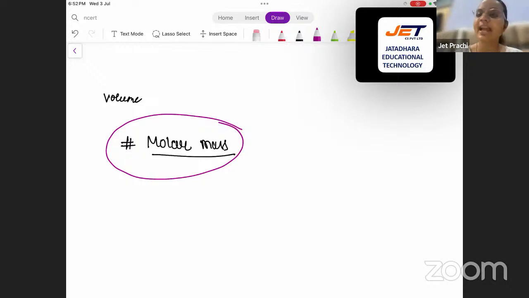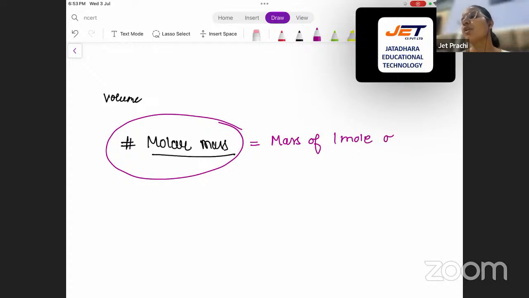So how do we write molar mass? The mass of the 1 mole of a substance. Mass of 1 mole of substance is simply a molar mass. You can see the word here, molar. It comes from mole.